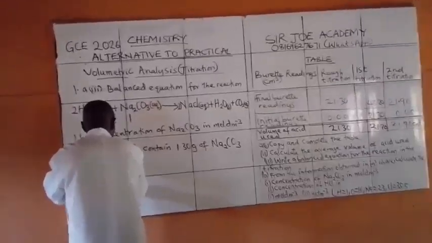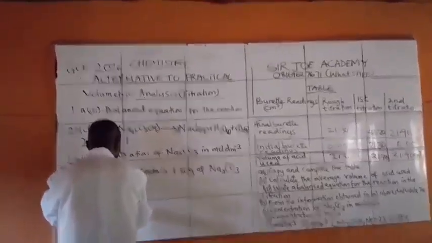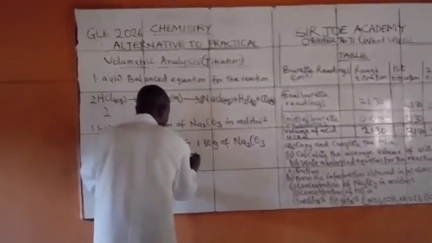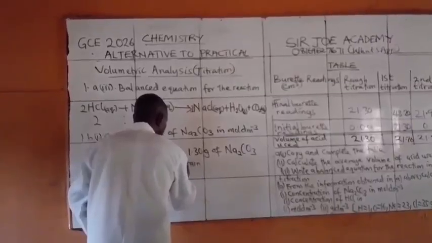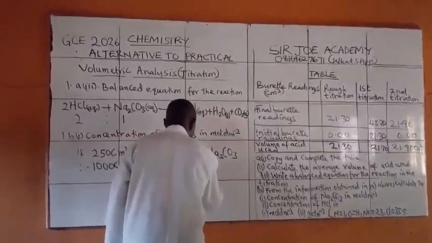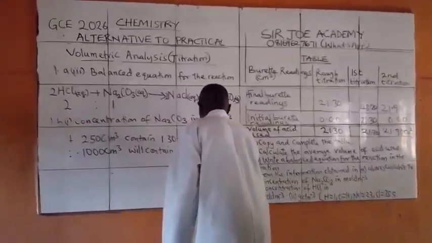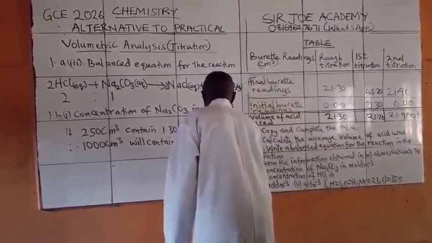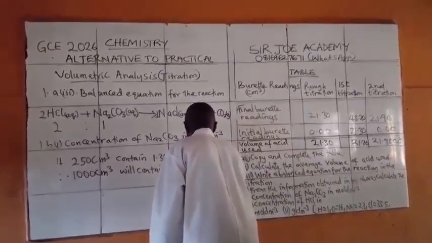therefore, 1000 centimeter cube will contain 1.30 times 1000 divided by 250.